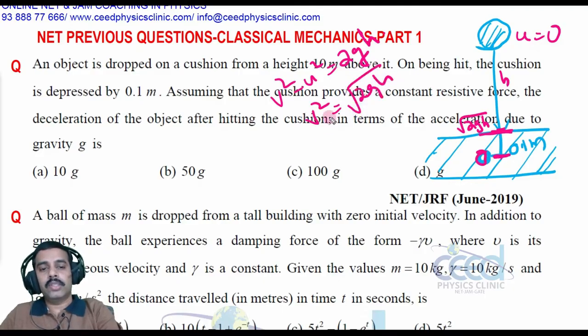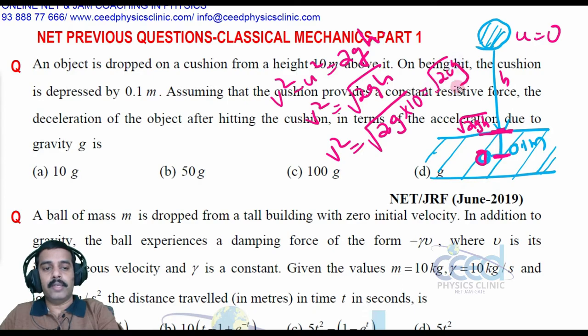It is falling a height of 10 meters, so v is root 2 into g into 10, that is root 20g.